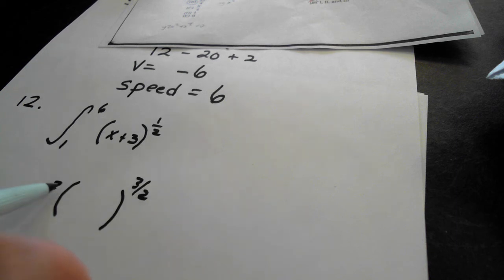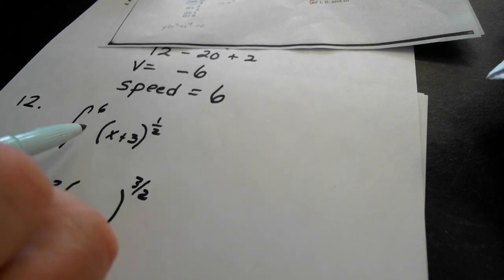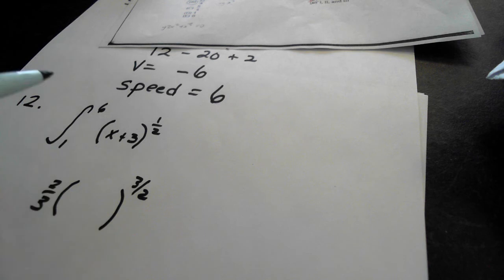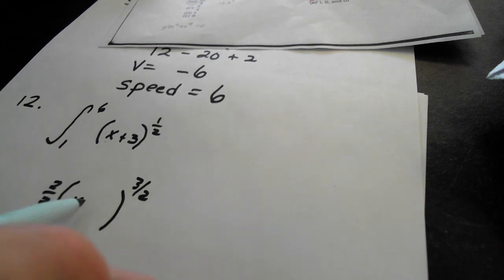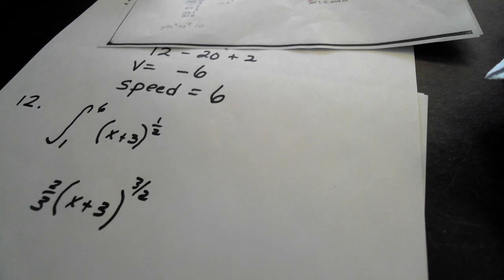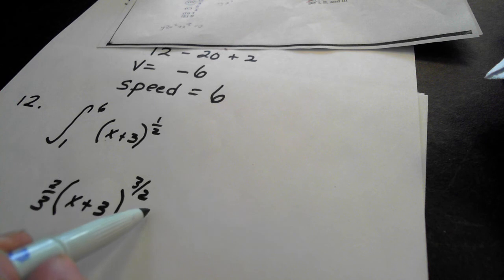And then don't you have to always put a 2/3 here so that this times this gives you the 1 they have there? Yeah. Now you can't be doing that unless the fix is a nice clean 1, which this one is. You can't be anti-derivating things that have a fix, but this one really doesn't have a fix. The fix is 1, so we can do it. So it's just gonna be an x plus 3 here, and we don't have to do an unfix, because the fix was uneventful. So the answer is really this, from 6 to 1.